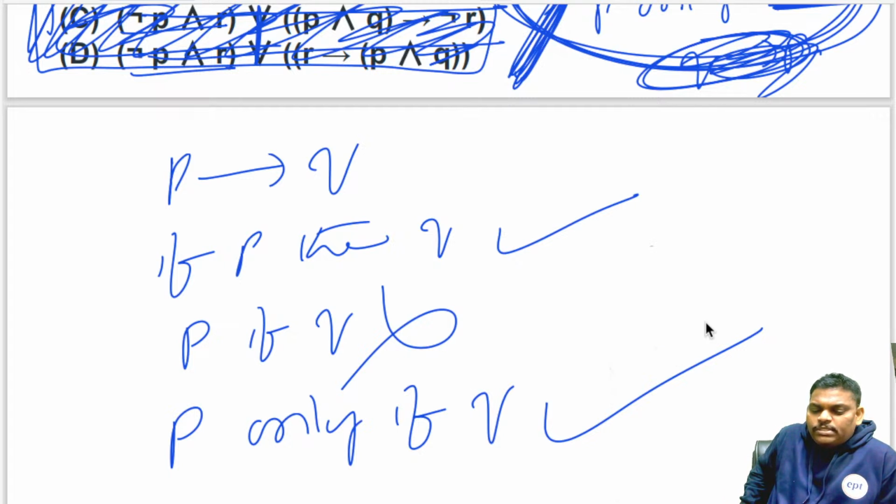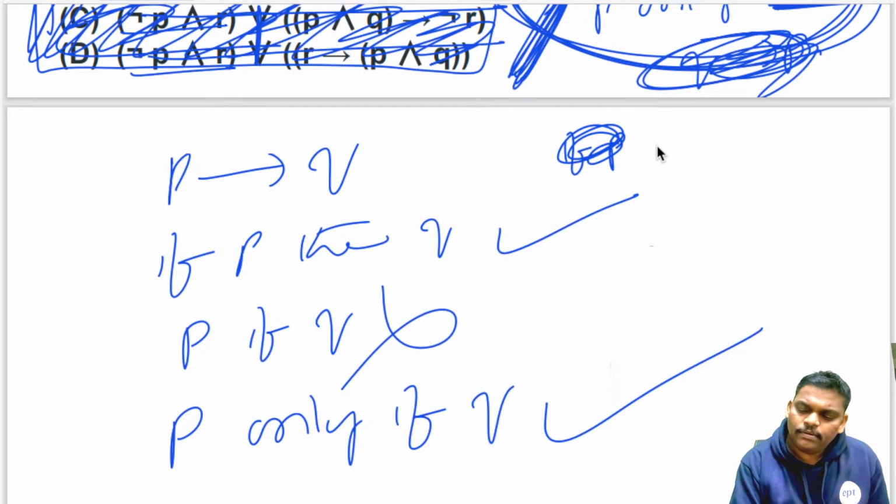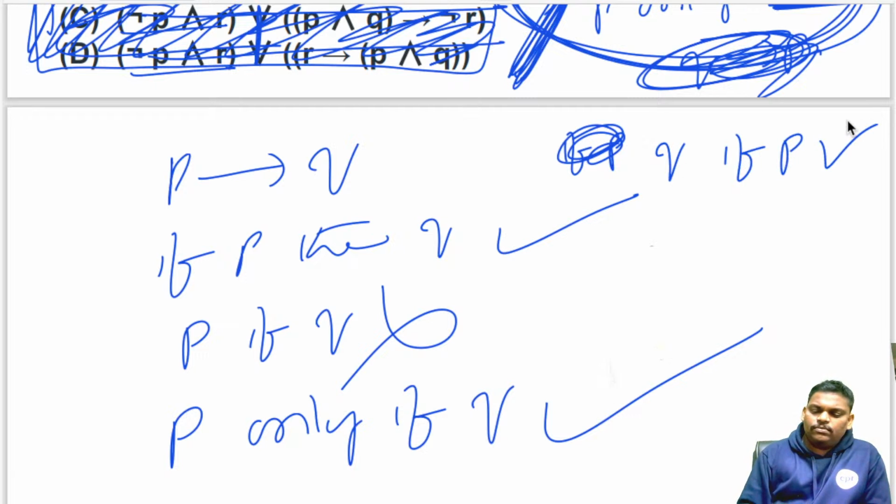P implies Q means if P then Q is true. Next, Q if P is also true. P if Q is wrong, Q if P is right, but the same thing you can write with only if.